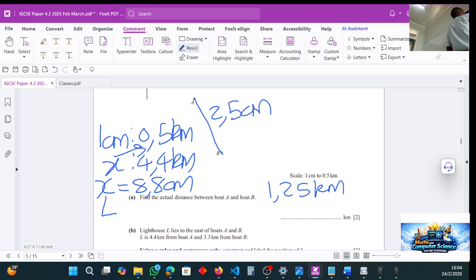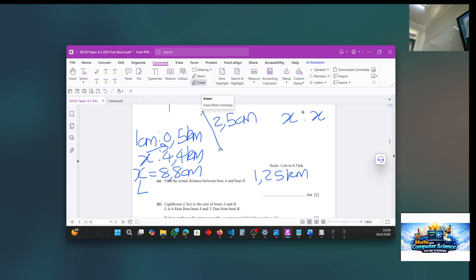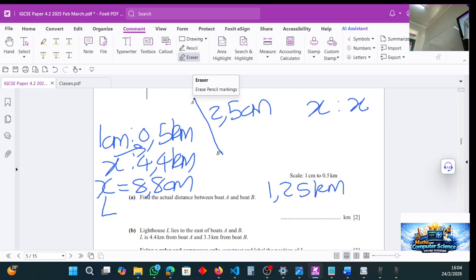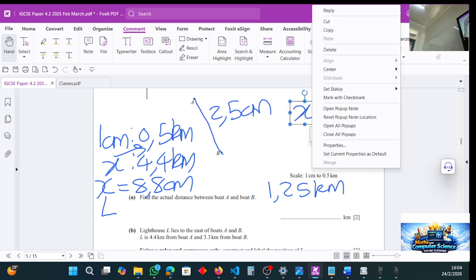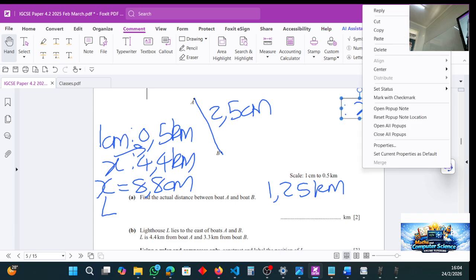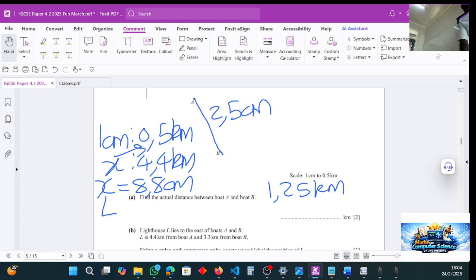Then for port B, we have a similar calculation. We are doing the same calculation: 1 centimeter is 0.5 kilometers.